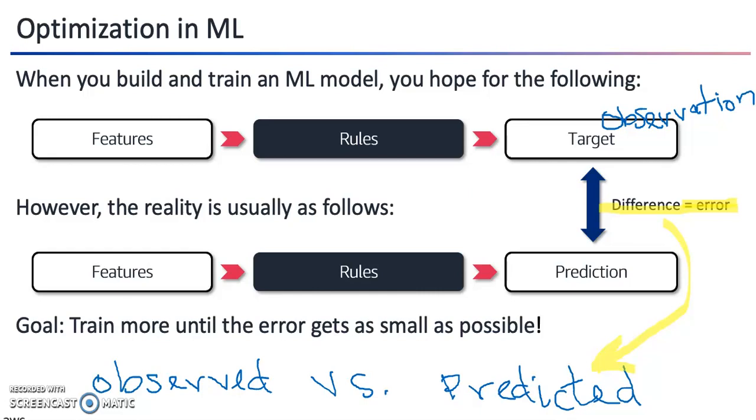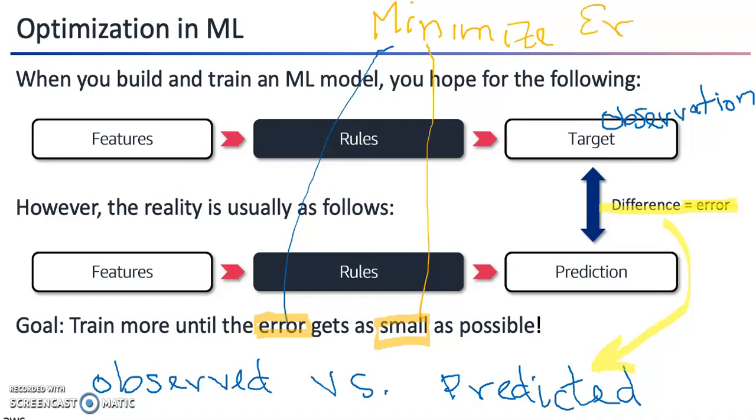That's a really good way of phrasing this. So getting the error as small as possible, by small errors we mean minimization here. In other words, we would like to translate that into: minimize the discrepancy, minimize the error.